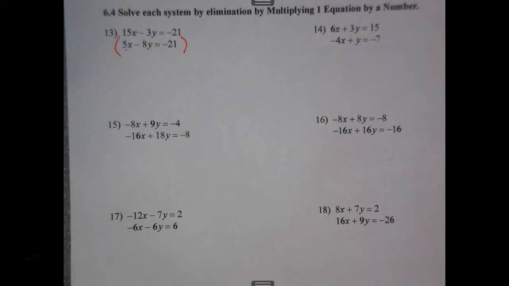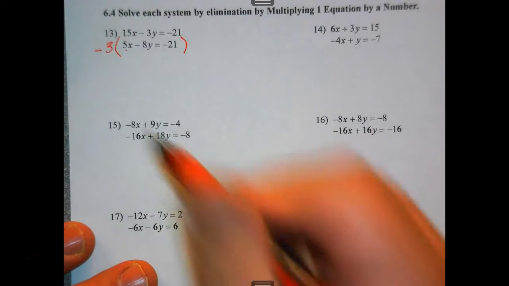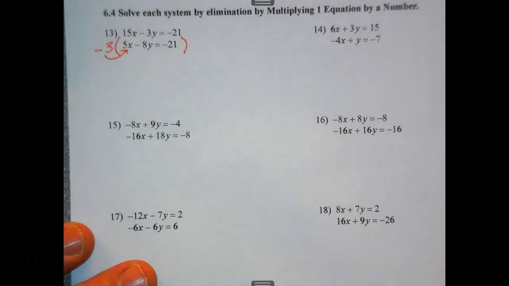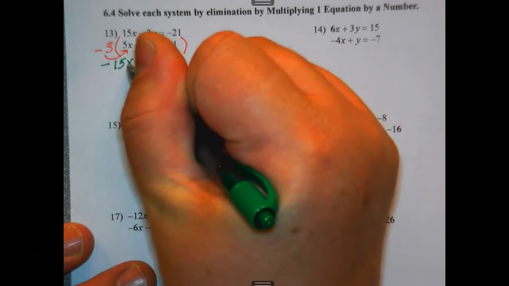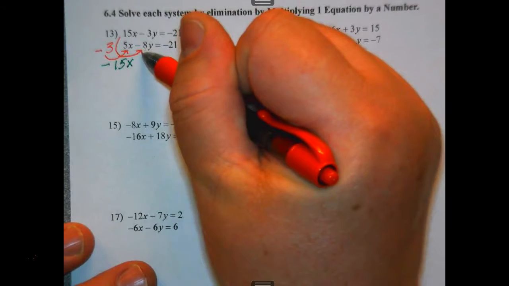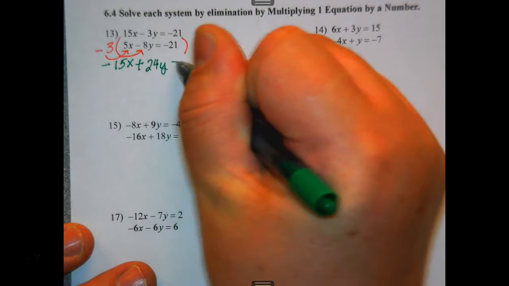Okay, I'm not just going to multiply by 3. Remember, I'm adding them, so I want one of them to eliminate. So I'm going to multiply by negative 3. Negative 3 times 5x, I get negative 15x. Negative 3 times negative 8y is positive 24y.